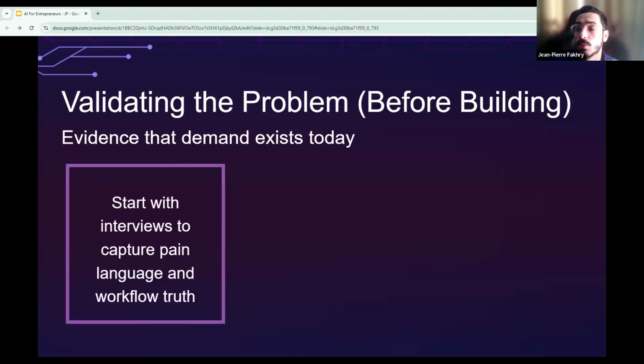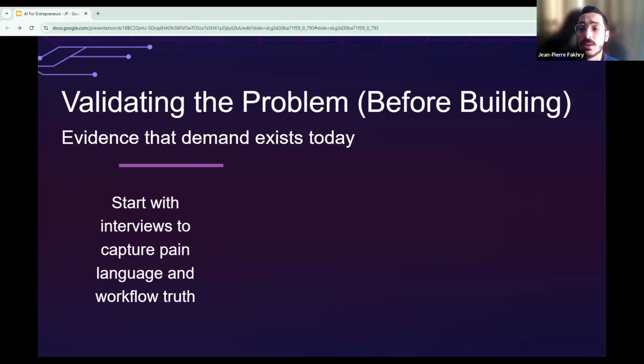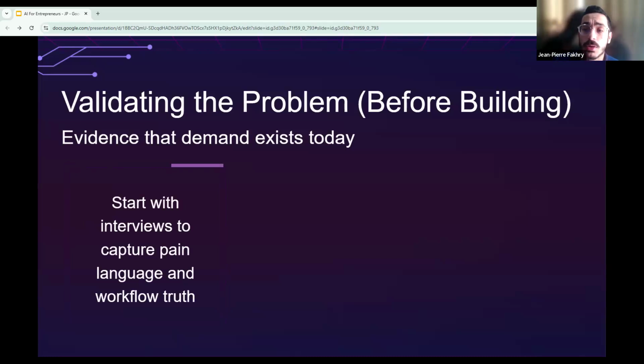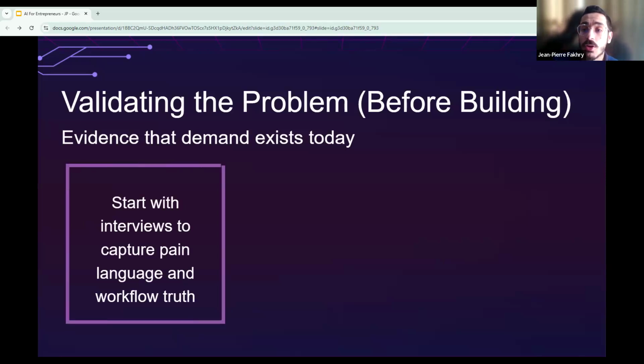Ask people to describe the last time the problem happened, ask what they did about it, ask what it cost them, and never ask, would you use this? Because people can say yes to everything hypothetical. Instead, ask, can I show you a rough version next week and get 30 minutes of your honest reaction? These are very important points.